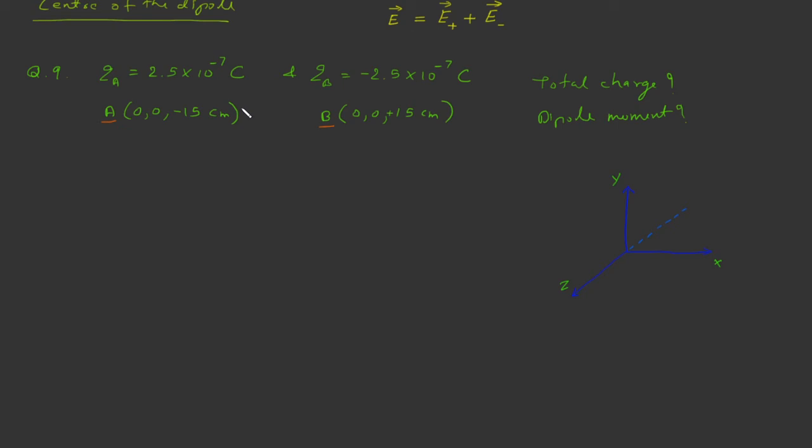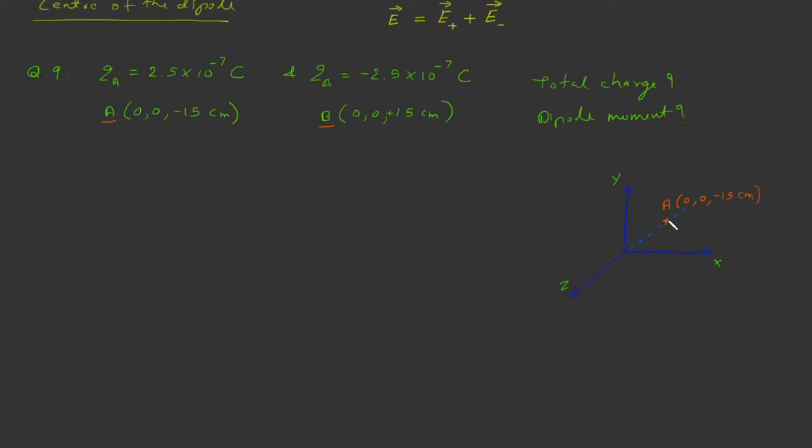We know point A is 0, 0, minus 15 centimeter. That means x is 0, y is 0, but z is minus 15. So if I take this distance as 15 centimeter, then this point is A. So here it is 0, 0, minus 15 centimeter.